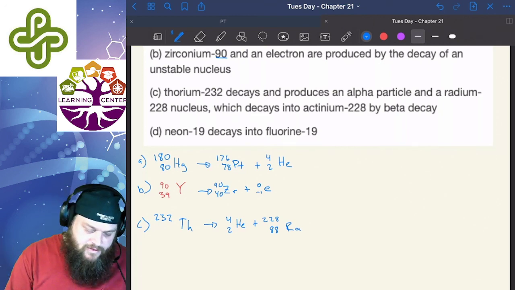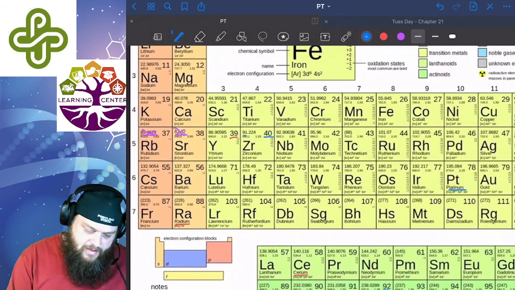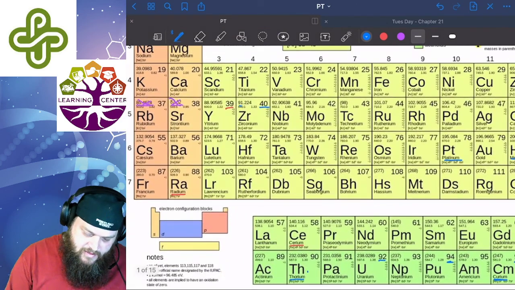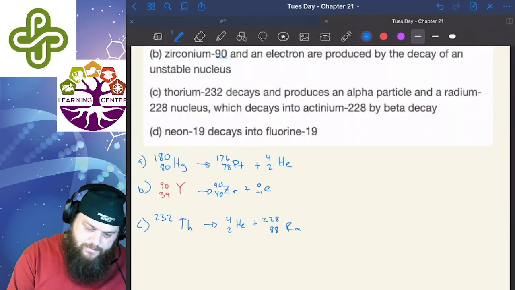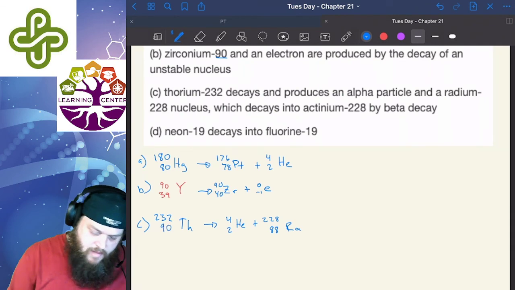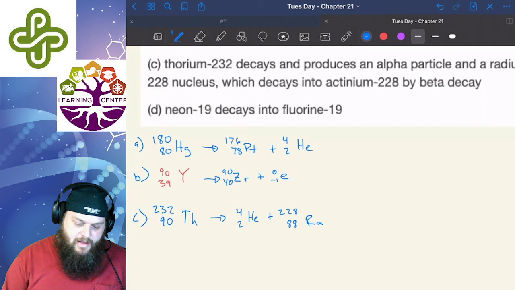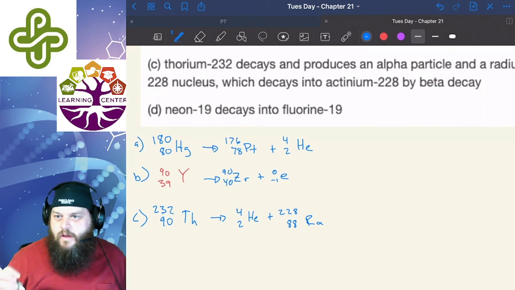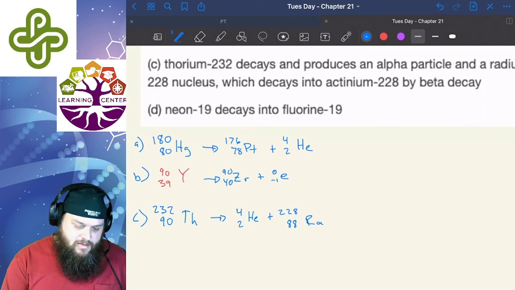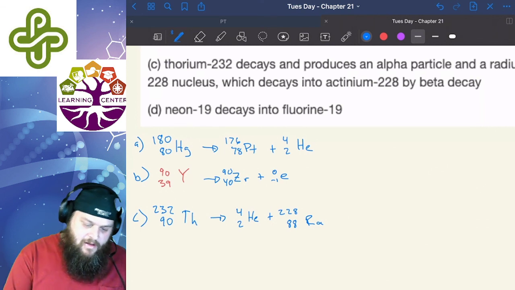Just making sure, thorium, Th, is down here, number 90. The Z numbers add up: 90 is equal to 88 plus 2. And the A numbers also add up, so that's good. We don't have to add anything special to that.